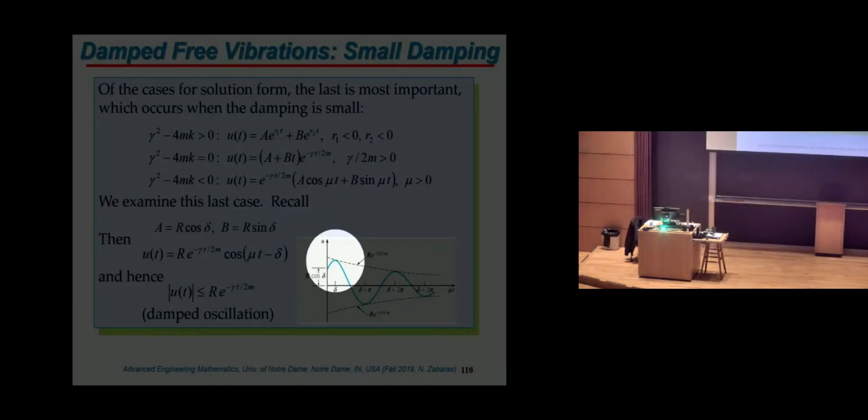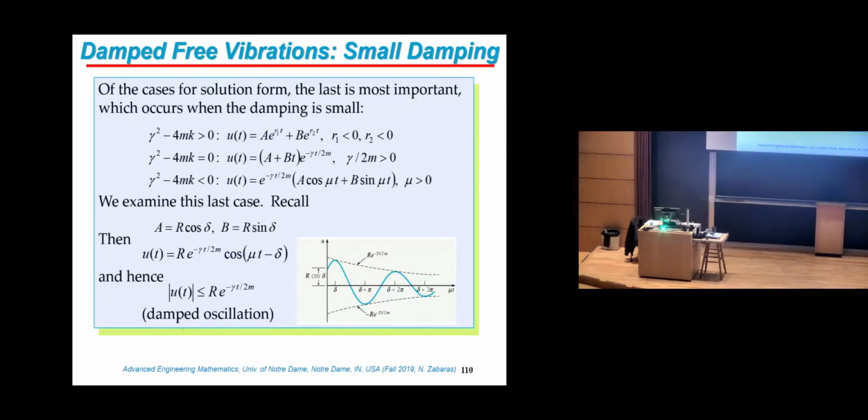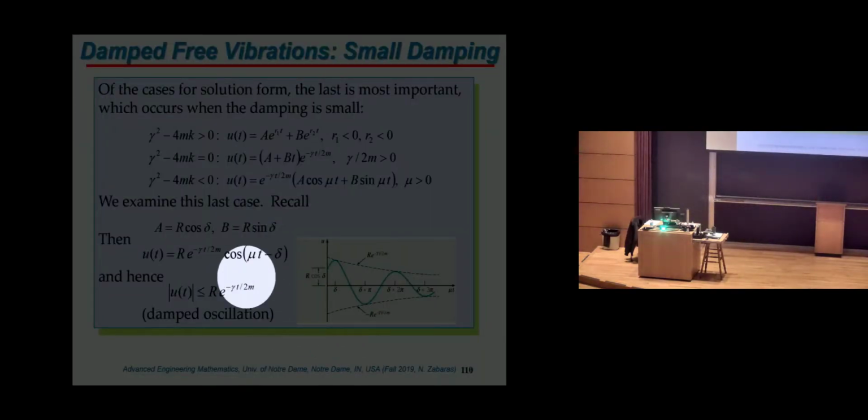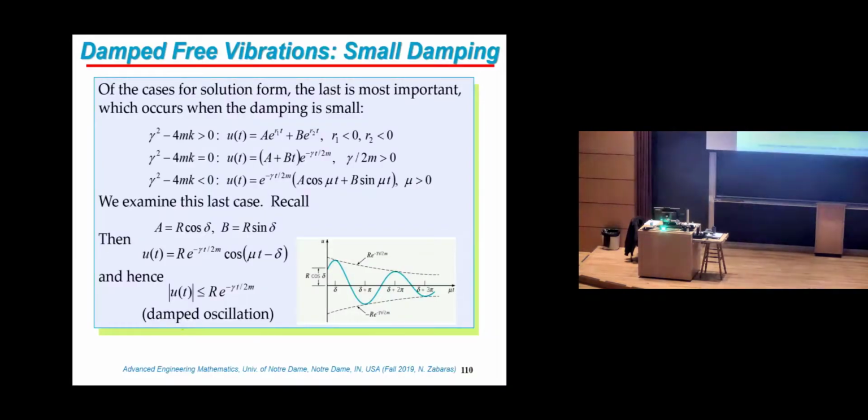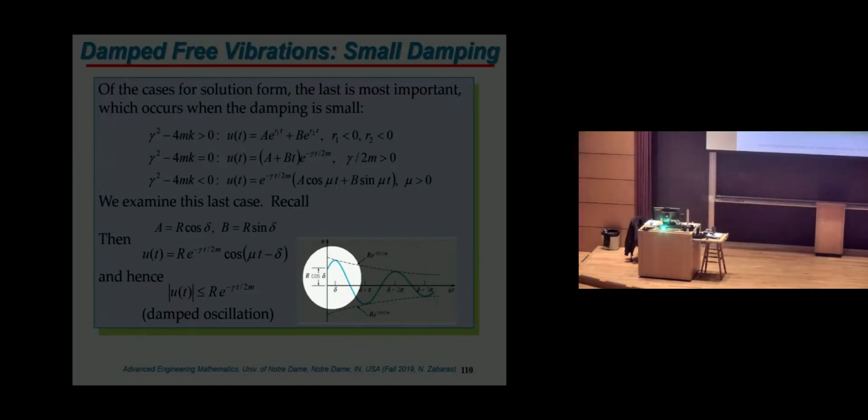So this is the damped free vibration. There are no external forces. This is that blue curve. And then you can see that it's bounded by this r e to the minus gamma t over 2m. So there is a decay in the amplitude. And also you can see some of the relevance of parameters such as this phase shift delta.